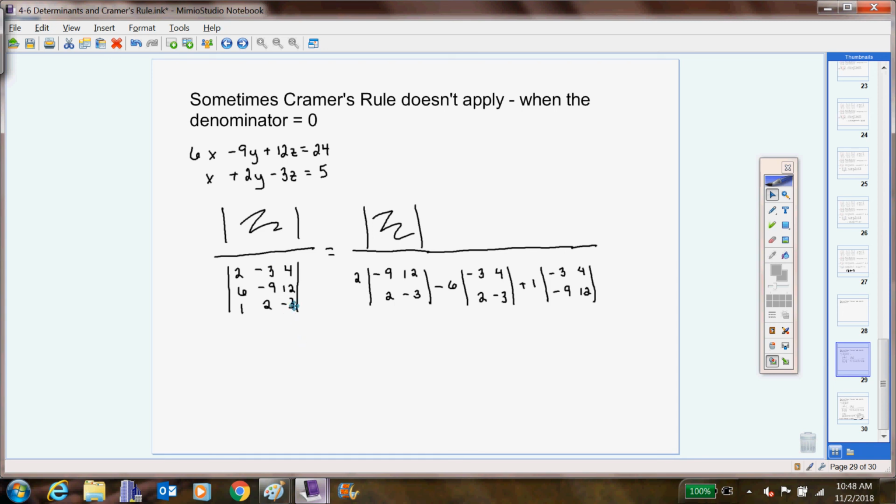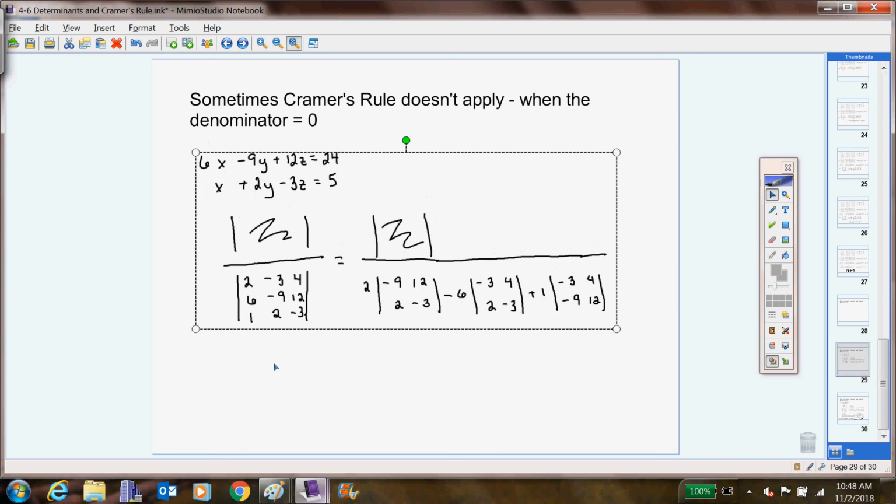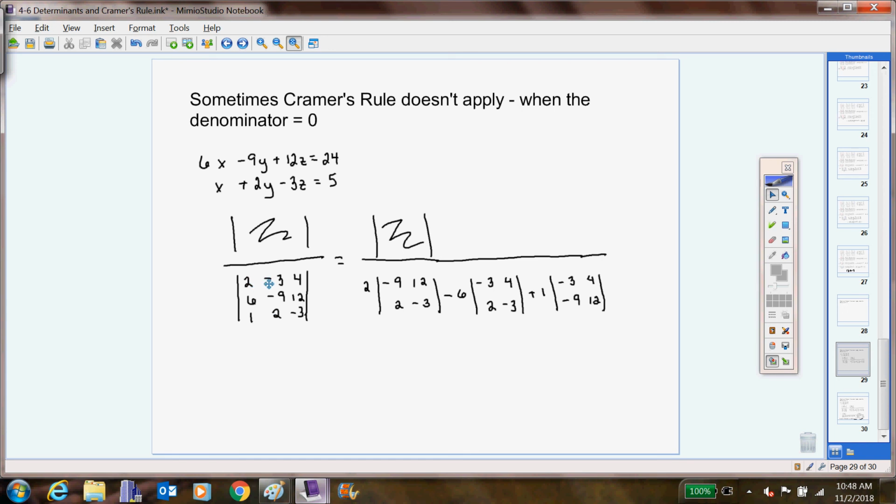So for example, if I have these, there's another equation that's missing here. There should be another one, so that I had 2, negative 3, 4. 2x minus 3y plus 4z equals something.